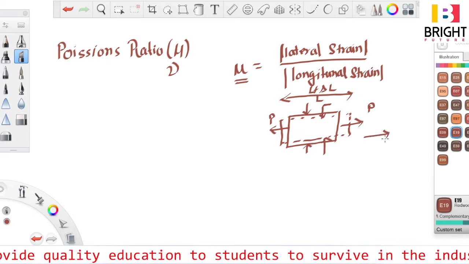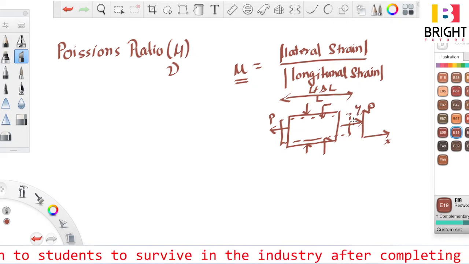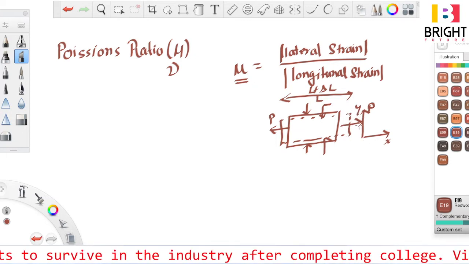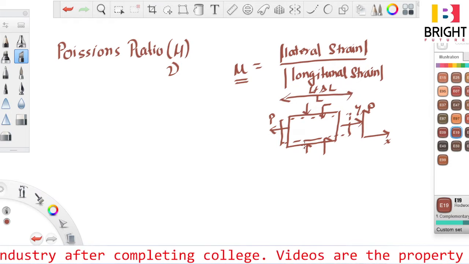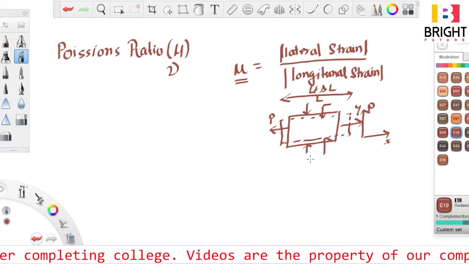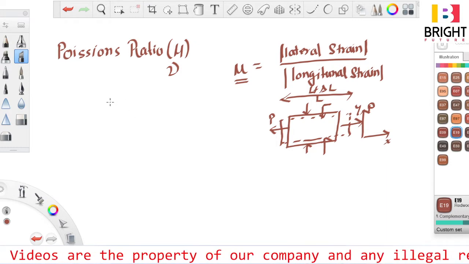Let it be x and let it be y, right? Now what will be the lateral strain in y direction? That will be mu times longitudinal strain, right? Longitudinal strain means strain in the direction of applied force. So what will be lateral strain?